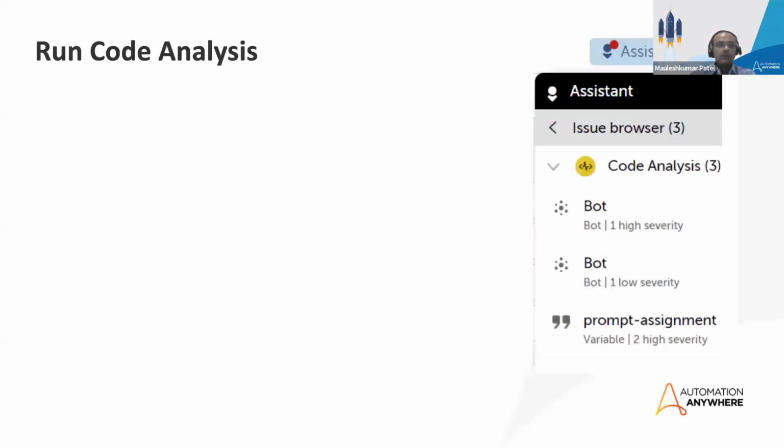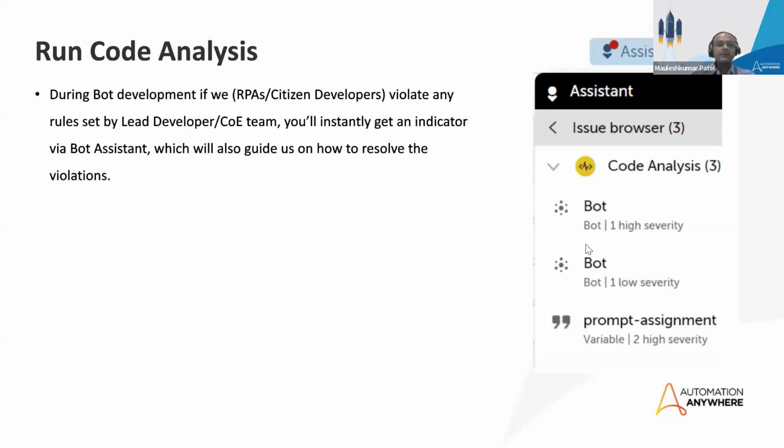Okay, so once you go into the automation, you can see this assistant. Just like in this example, it says the bot has a high severity prompt assignment issue. That is an indicator that shows your code has some issues, and you can see that in the issue browser. As far as I know, from version 26 onwards you can have code analysis.